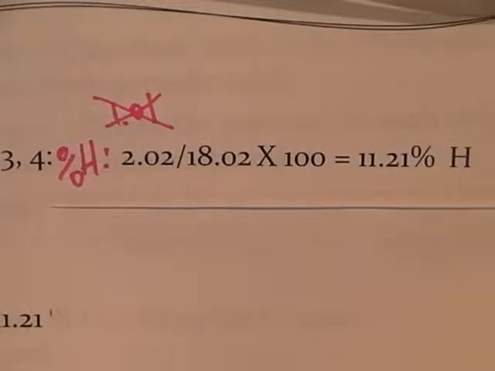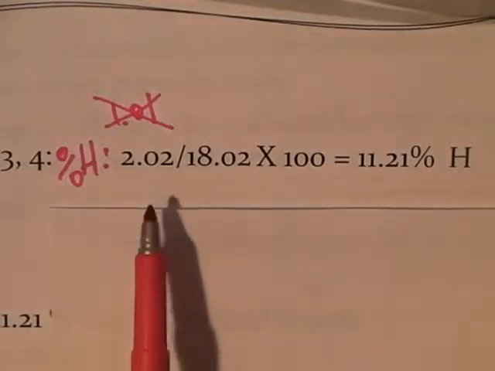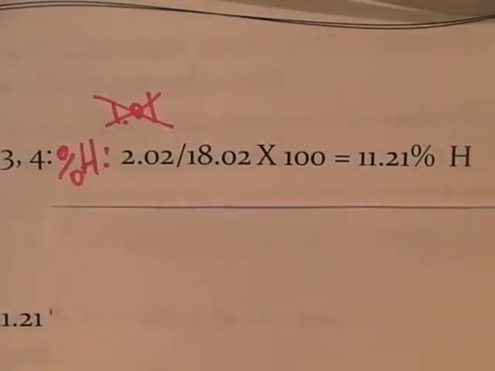Think of it as like if you have a whole bunch of change, even if you have, I don't know, 50 pennies, right? You have a lot of them, but they're only worth 1 cent a piece. 50 pennies is the same as 2 quarters. So the smaller mass is just going to make up a smaller amount of your percentage.